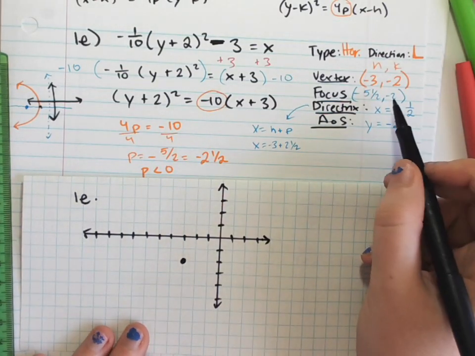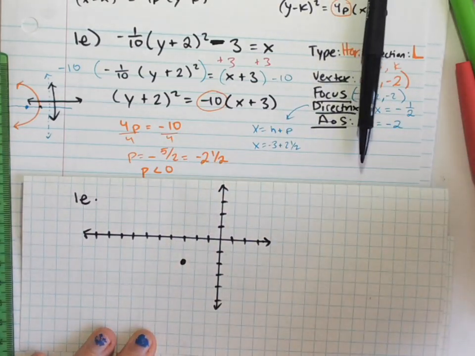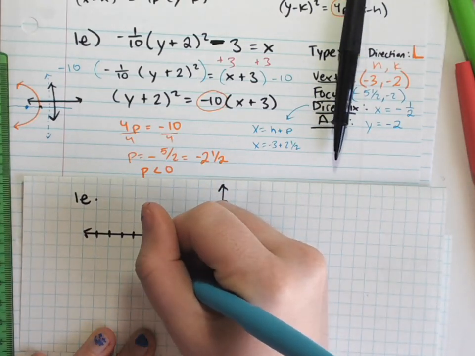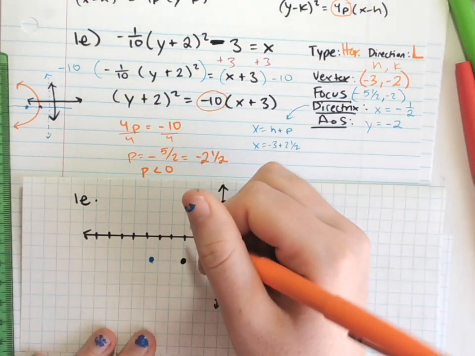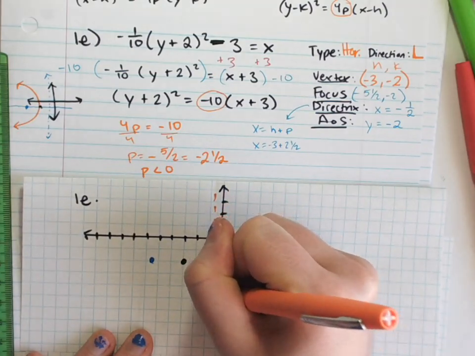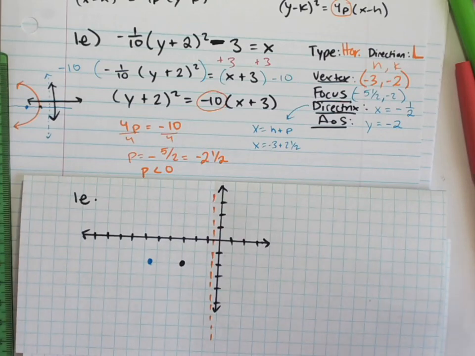My focus is at negative 5.5, negative 2. I'm going to do that in blue. 1, 2, 3, 4, 5.5. My directrix is x equals negative 1/2. All right, I've plotted almost all that I can.